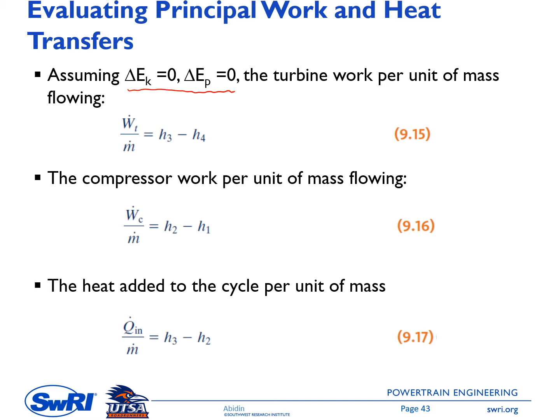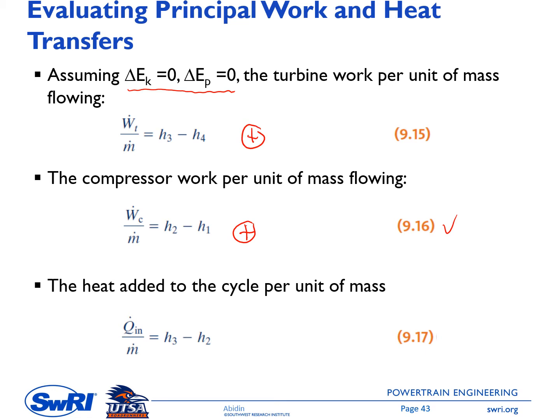And then in the compressor, you can see in here that the compressor work per unit of mass flowing is H2 minus H1. So this is the enthalpy at the exit of the compressor minus the enthalpy at the inlet of the compressor, and this is also positive.